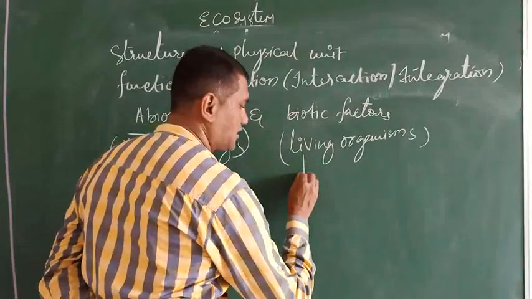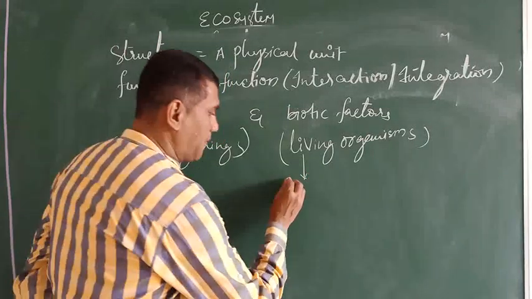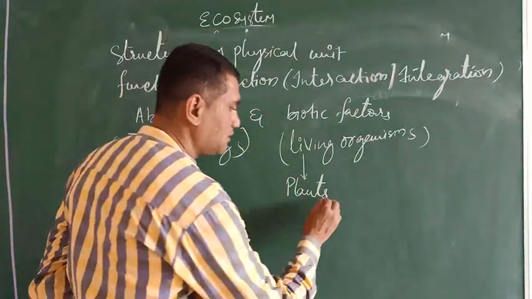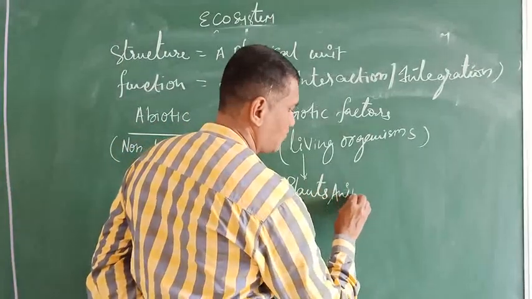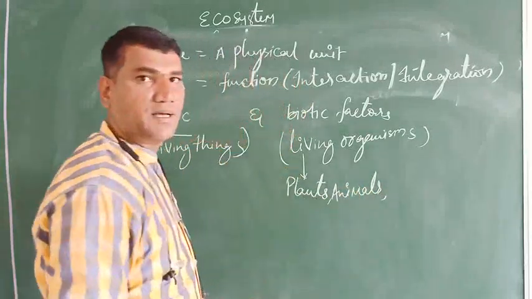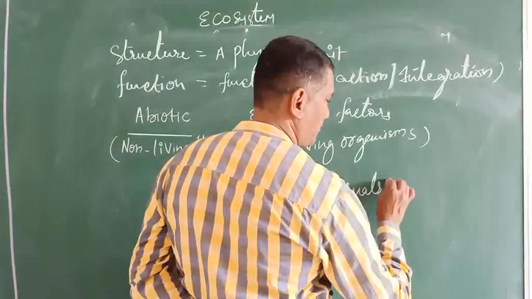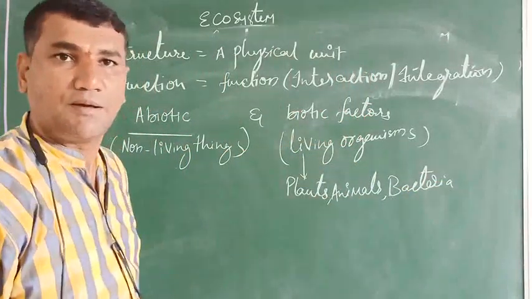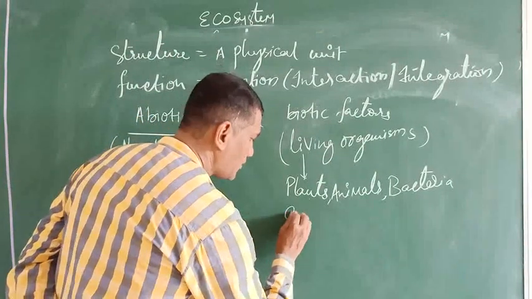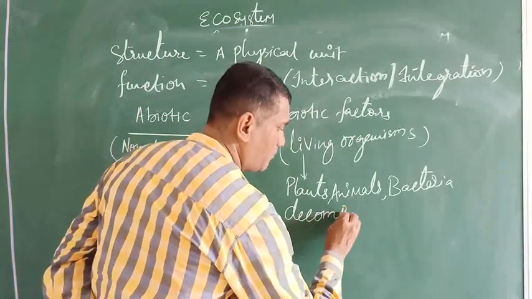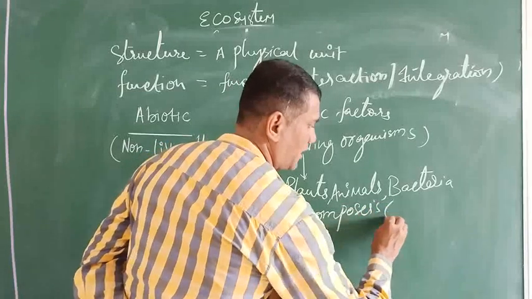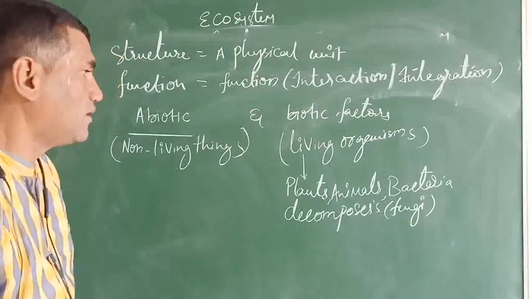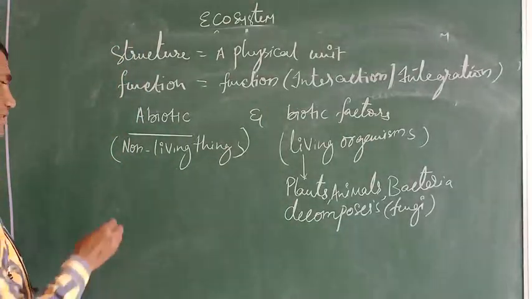So the living organisms include plants, animals, bacteria, most of the decomposers like fungi, and so on.